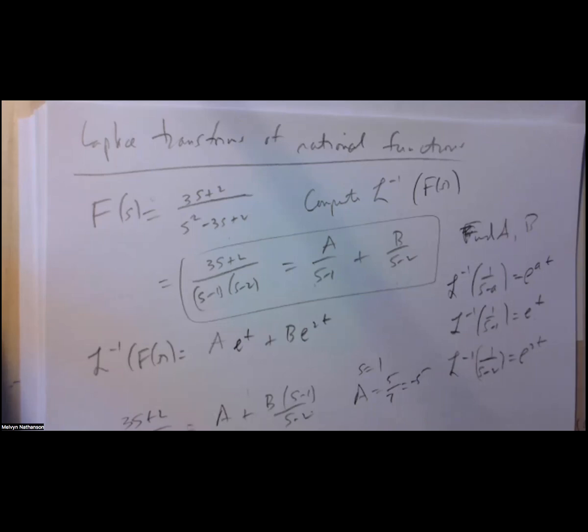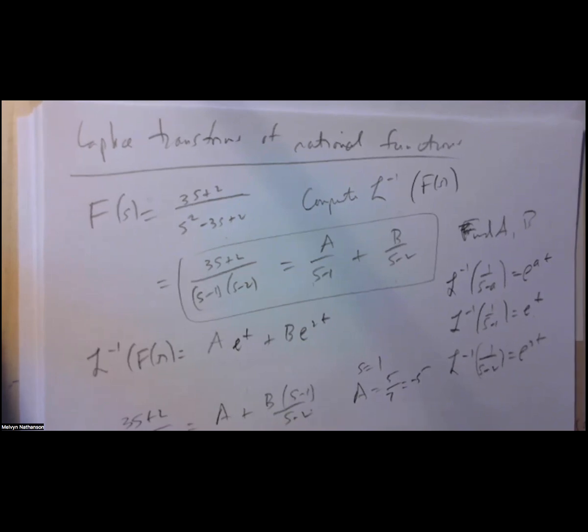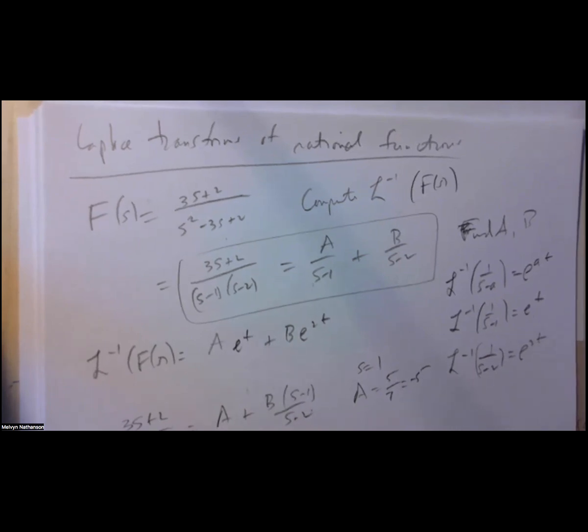And if you multiply this by s minus 2, you get 3s plus 2 over s minus 1 is a times s minus 2 over s minus 1 plus b. And if you let s equal 2 in this equation, you get b is equal to 3s plus 2, which is 8. b is equal to 8.